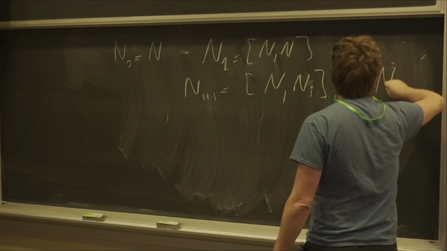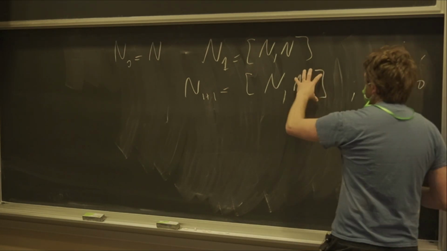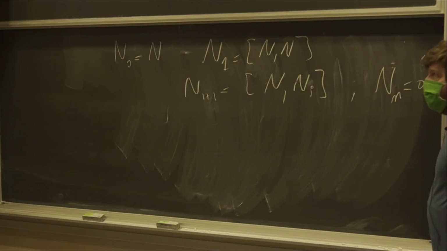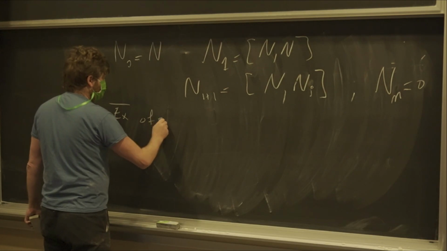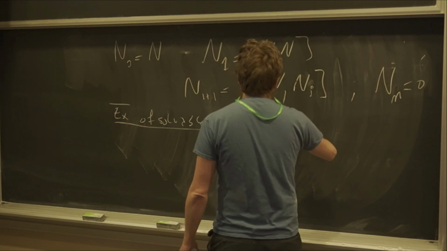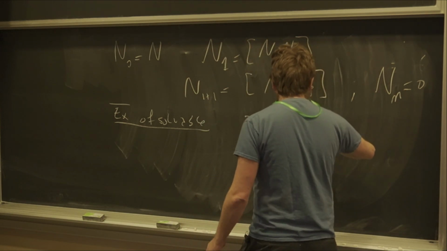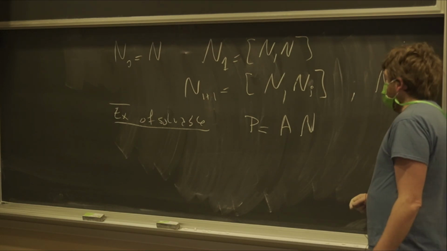And of course, you want N_n to be 0, so you want it to finish. While here you are just taking the commutator with itself all the time, here you are always comparing with the total. And the main example of solvable is our beautiful P, and I apologize that I keep using P for two different things. Sometimes I use it for A times N, sometimes for some sort of compact extension of A times N. But anyway, let me keep doing that.